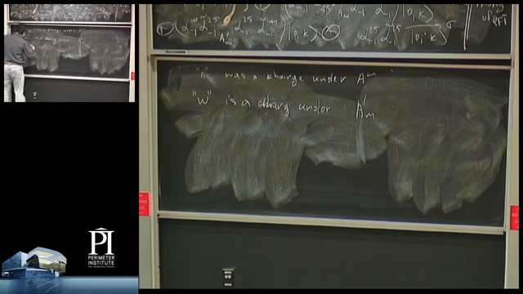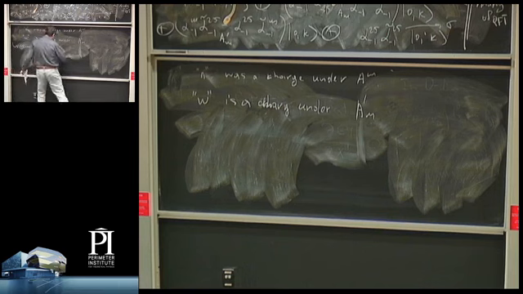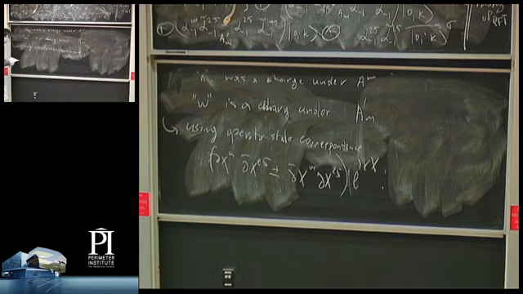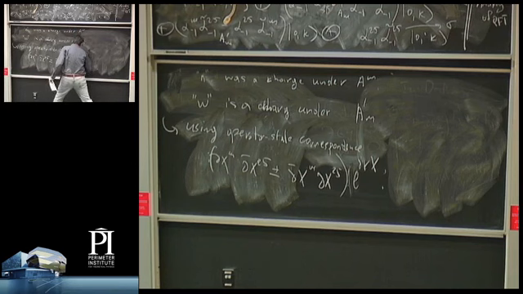So using operator state correspondence, the state corresponding to a gauge boson is ∂X^μ ∂̄φ plus or minus ∂̄X^μ ∂X, and then I have e^{ikX}.